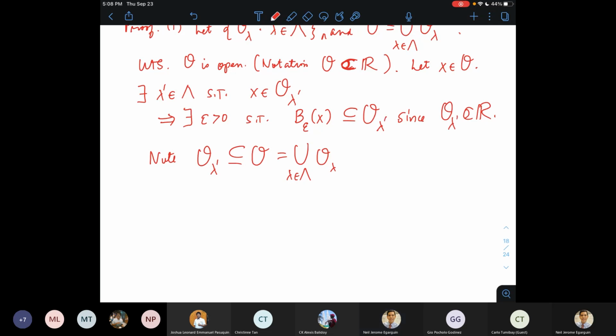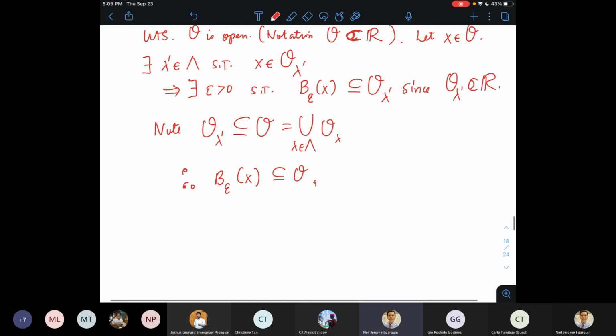Okay? So dahil si O sub lambda prime ay subset ni O, tapos yung epsilon neighborhood ay subset ng O sub lambda prime, so therefore, the epsilon neighborhood centered at X with radius epsilon is also a subset of O. So that is, O is open.